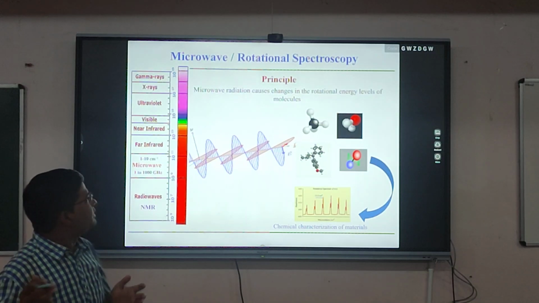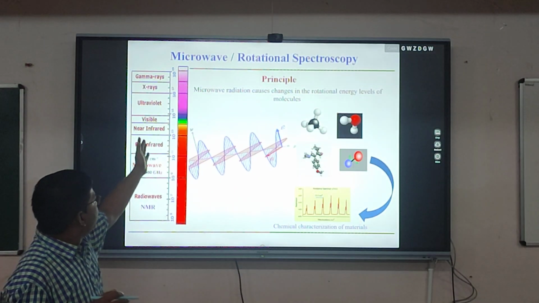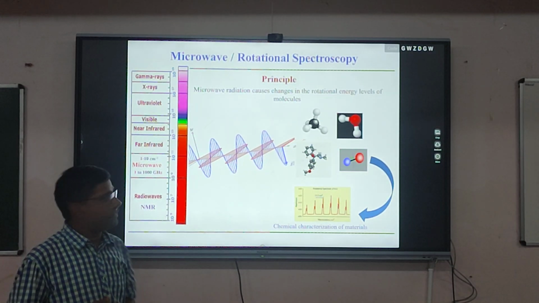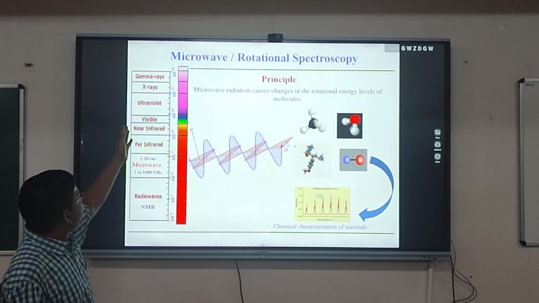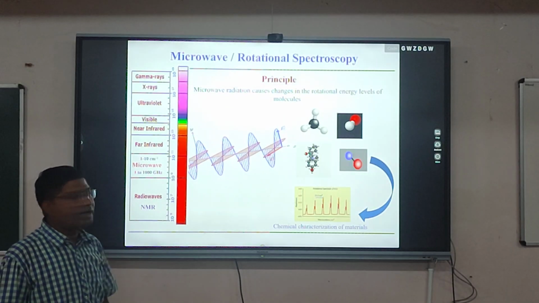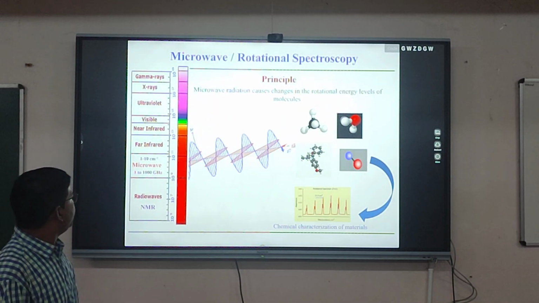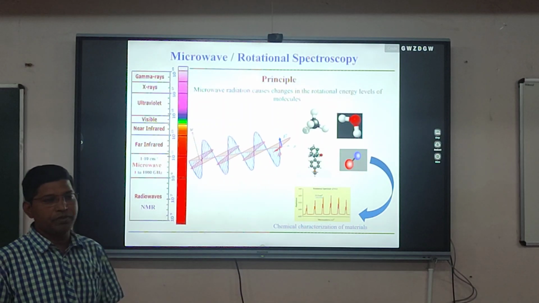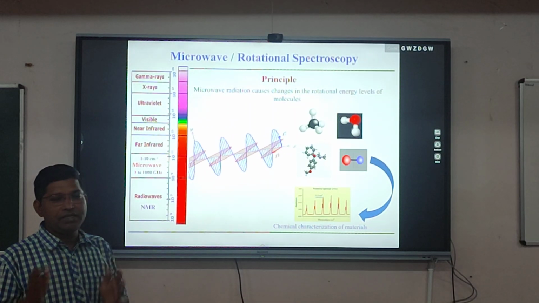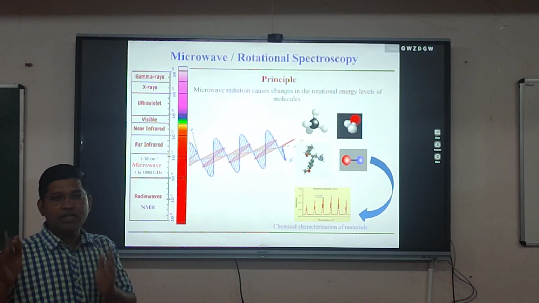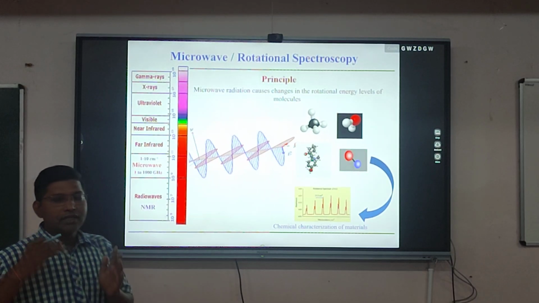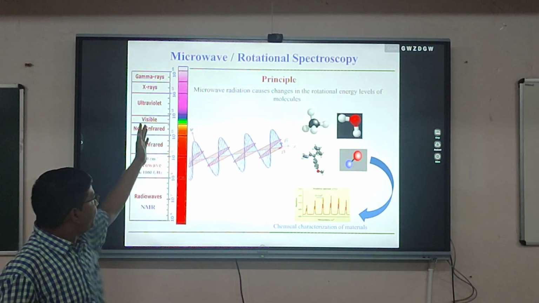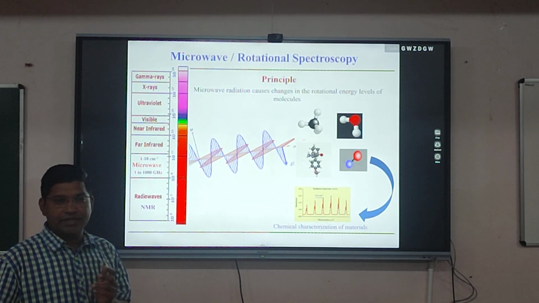First, these are examples of molecular spectroscopy: X-ray spectroscopy, UV-visible, infrared spectroscopy, microwave spectroscopy, and NMR spectroscopy. These are called molecular spectroscopy because molecules interact with different electromagnetic radiation.